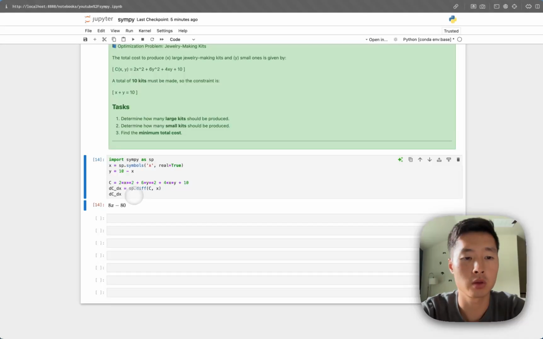So we are taking the derivative with respect to x for the cost function. And this gives us the slope of the cost function. By taking the derivative of the cost function, we get 8x minus 80. So now let's set the derivative equal to 0. This gives us the location of the minimum.